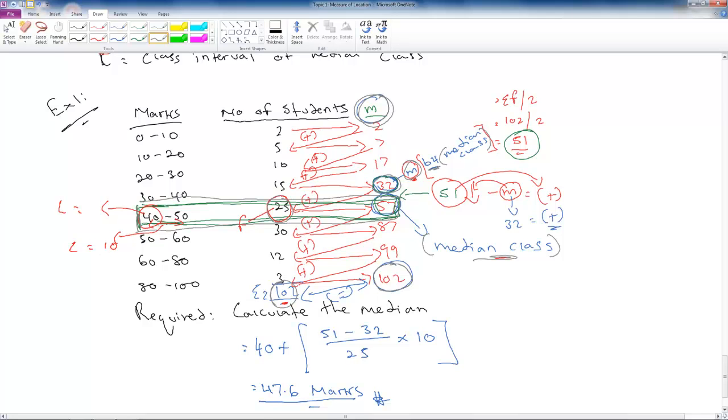The difference will be the 10, which is inside the median class, and then you find the lower limit, which is the 40. Are you okay? These are the important steps you have to follow to calculate the median of group data. Are we okay with that?